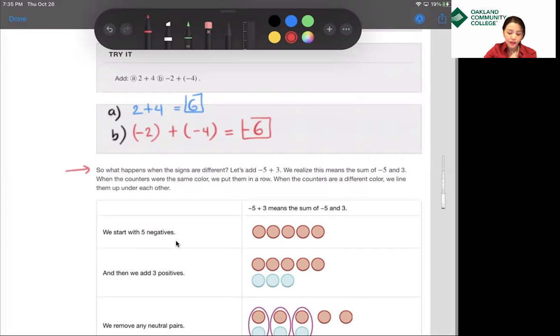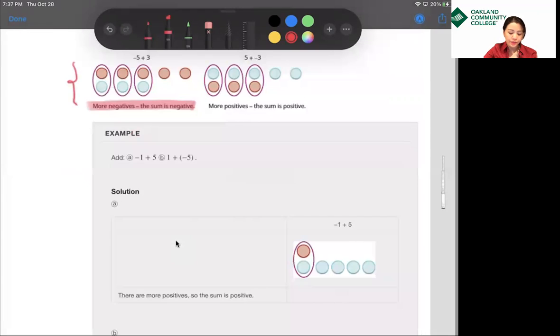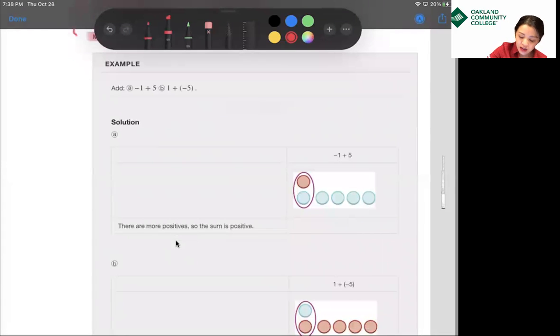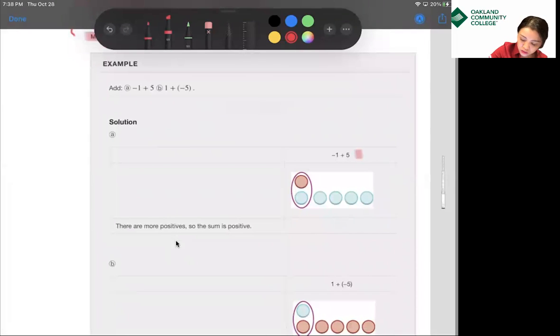All right, let's take a look at this example. I have -1 plus 5. So I have 1 red ball on the top, and then I have 5 blue balls on the bottom. Remove the neutral pairs. I have 4 positive balls left, right? So that means -1 plus 5 is equal to +4.